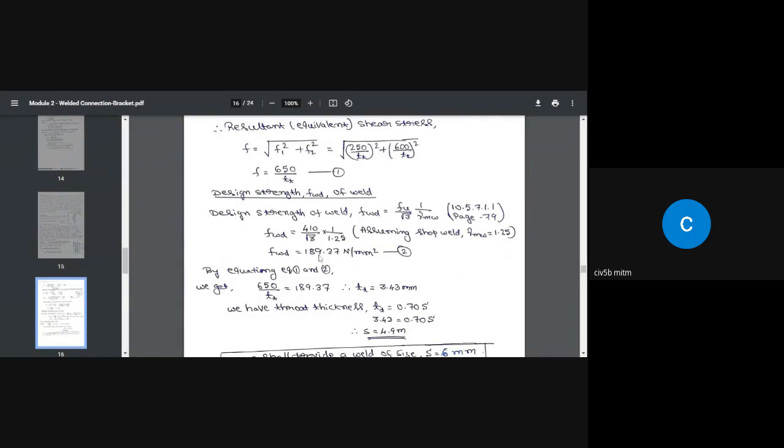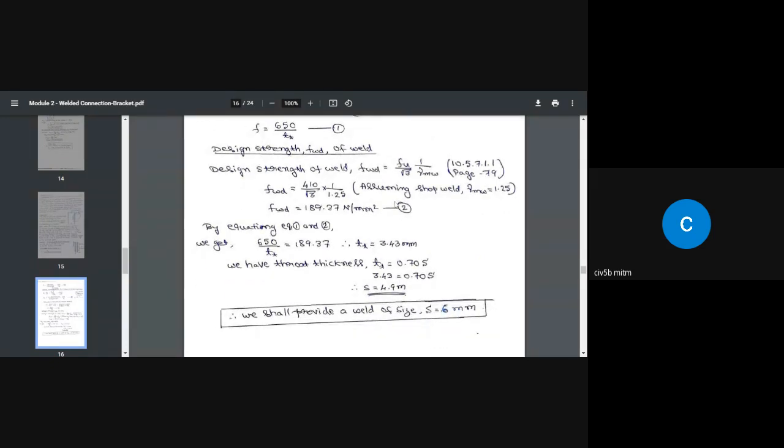Once we have this FWD, which is the design strength of the weld, equate that to the resulting stress of the weld at the extreme fiber. By equating these two equations, we got the thickness of the throat equal to 3.43 millimeter.